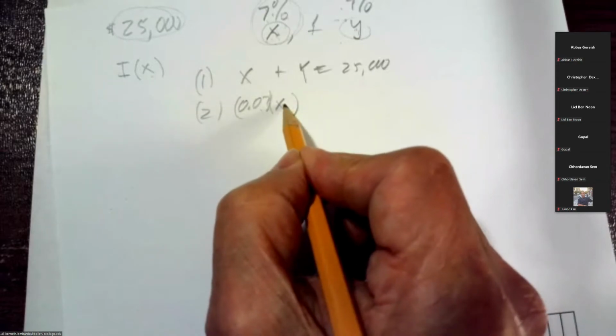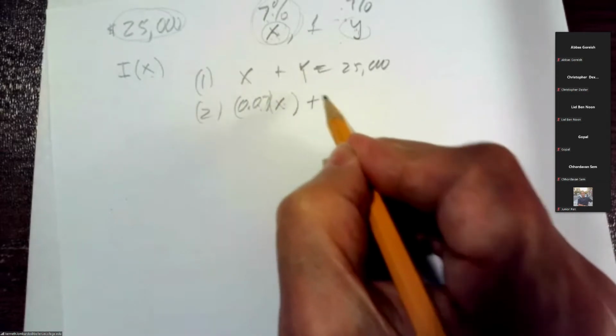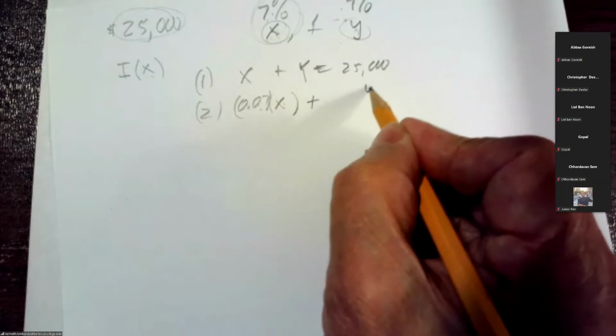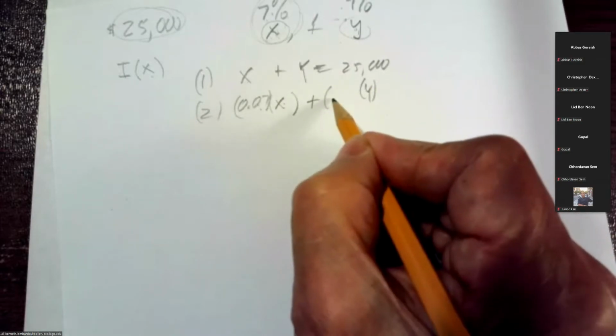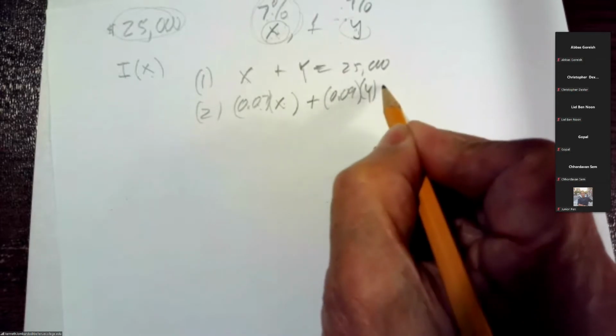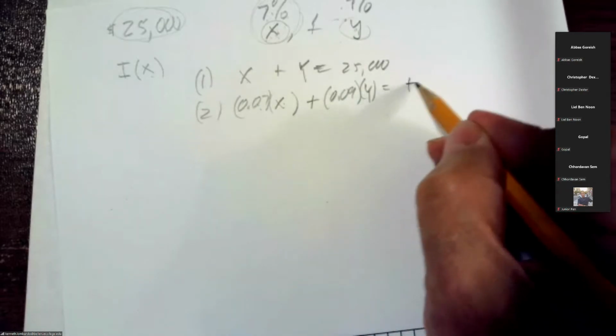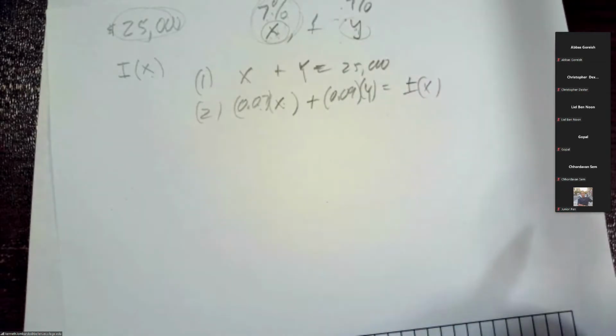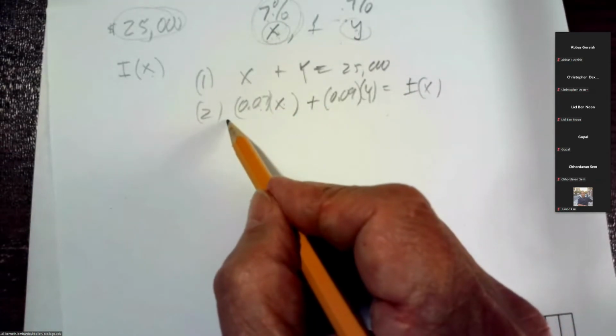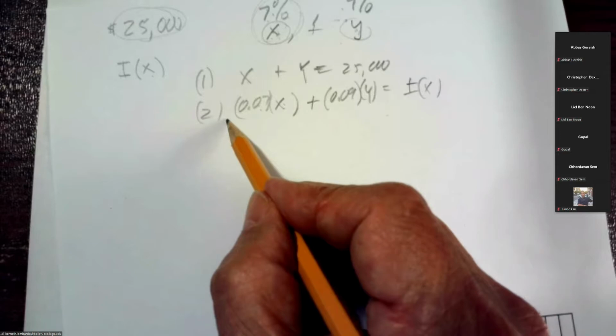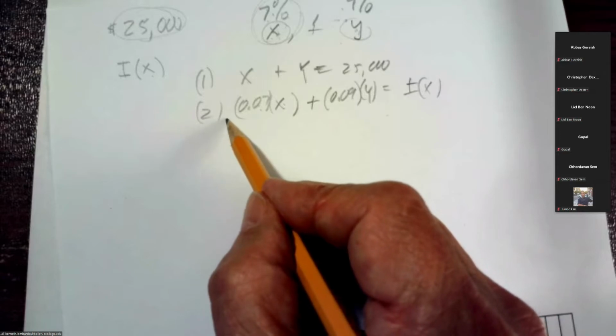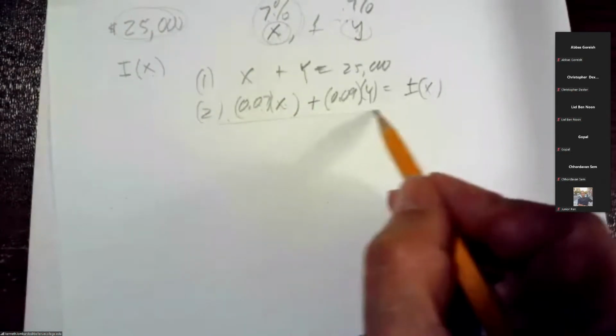X, so this amount invested at 7% plus this amount invested at 9% is going to give me the total interest. So if the question were, what's the equation for the interest that you're going to earn on both accounts, you would say, well, the equation would look like this.